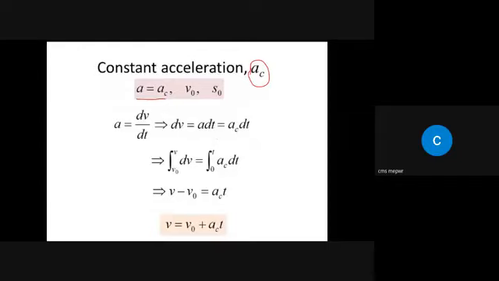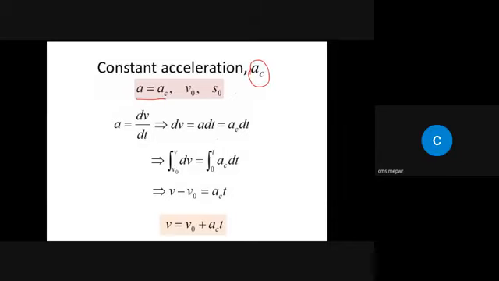For example, if the change in velocity is 2 meter per second, the acceleration will be 2 meter per second square. It will remain 2 meter per second square. It will not change. So in that case, the velocity will remain v naught and the displacement will remain s naught.